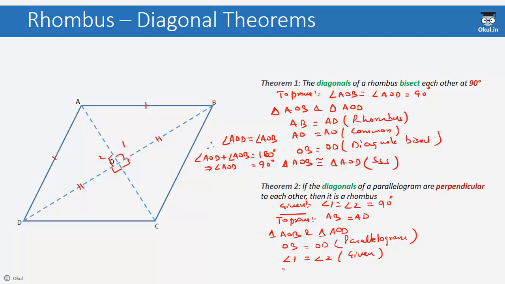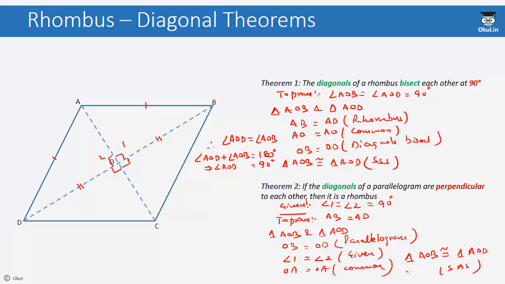Also, OA is equal to OA because it is a common side. Therefore, by SAS, I can say that triangle AOB is congruent to triangle AOD by SAS rule.